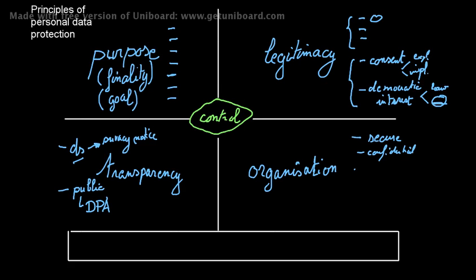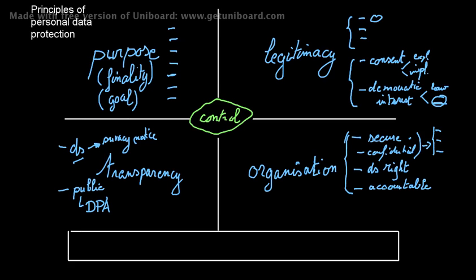That you organize yourself to meet the data subject's rights that are granted in the law. It also means that you get people in your organization accountable. So those are the big lines of the organization, where security and confidentiality then again can be split up in the organization itself and when working with contractors and when transferring to third countries.